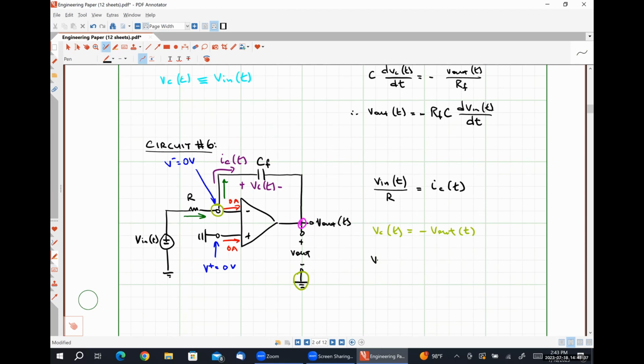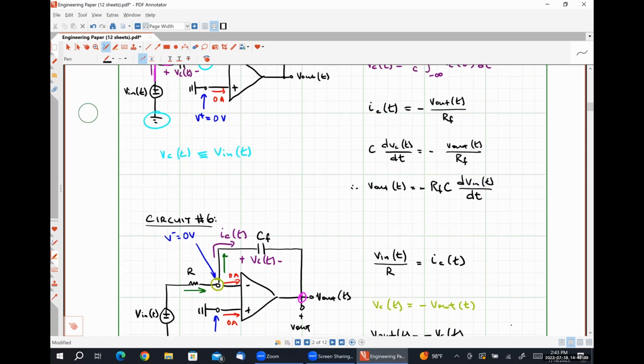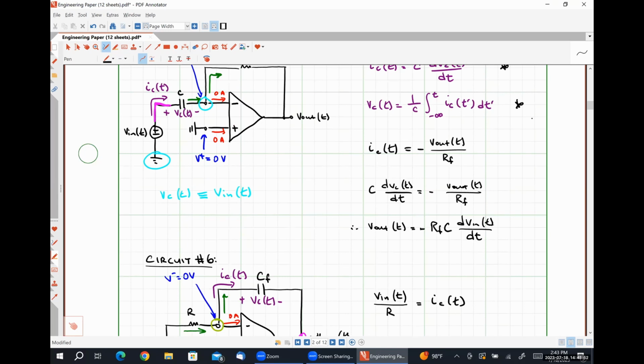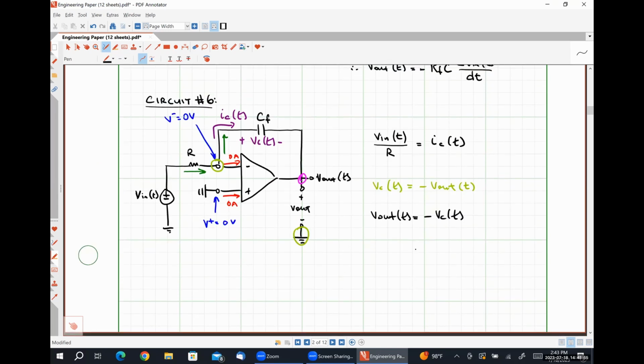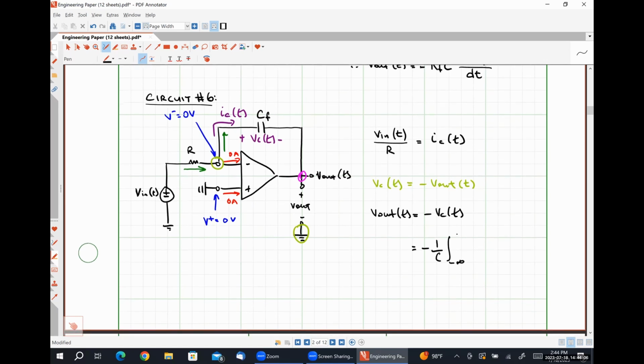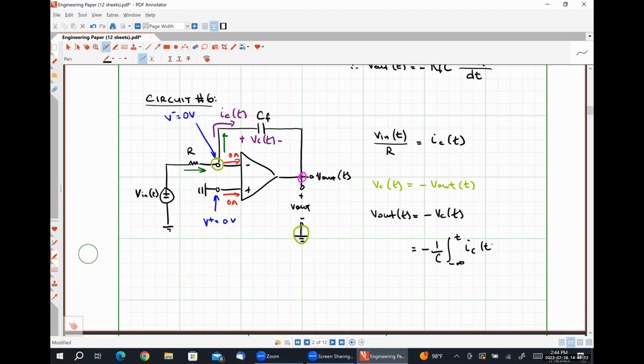V out is then simply negative VC, and using this relationship, that means we're going to have negative 1 over C times the integral from negative infinity to T of IC of T prime dt prime. Well, we know what IC is.